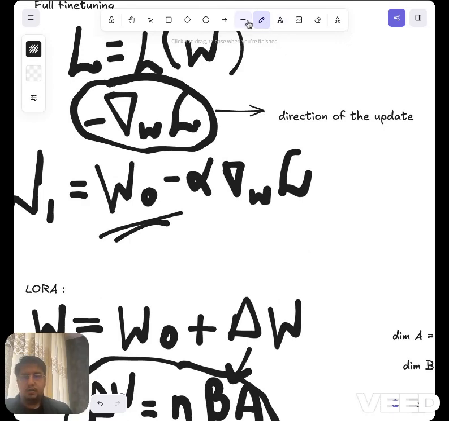Let's also write that down. This is basically not the negative direction, that is the direction of the update, of course, but delta WL is basically the true gradient here.